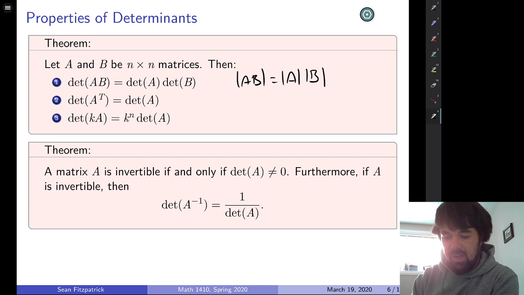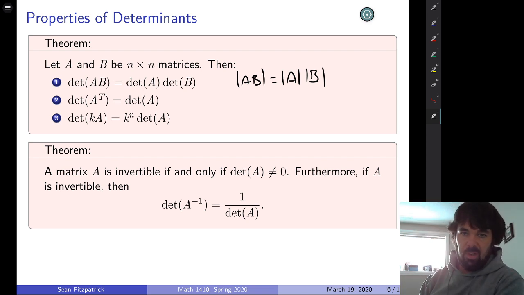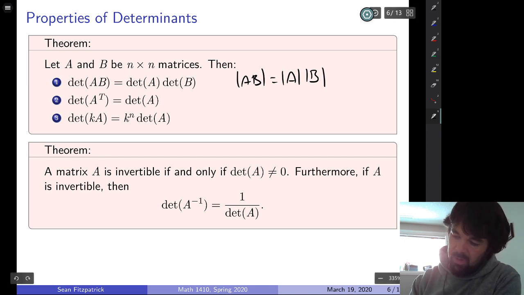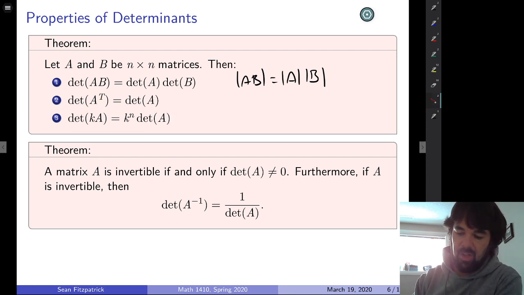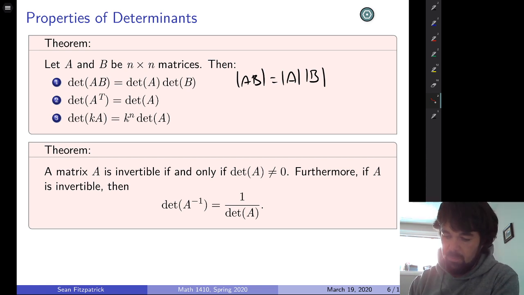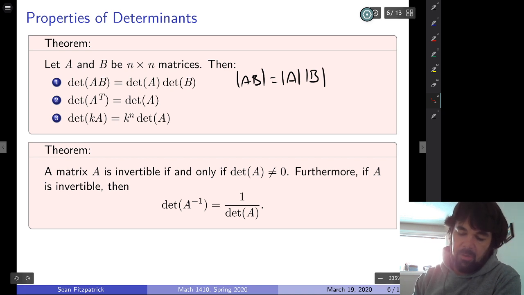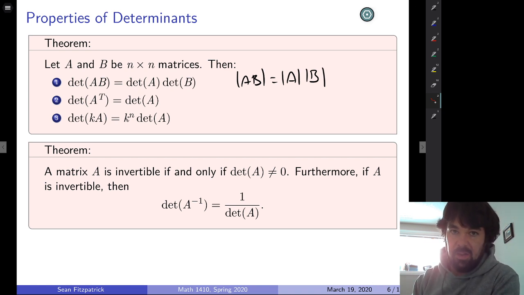So expanding along a row of the transpose is like expanding along a column of the original matrix. And this last one here is the one that we just talked about: what happens if you do scalar multiplication? Notice that there is no relationship between the determinant of A, the determinant of B, and the determinant of A plus B.